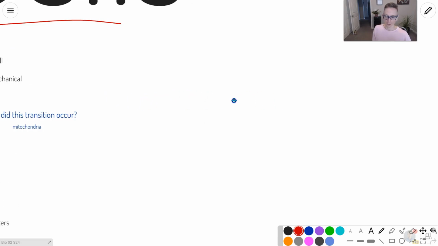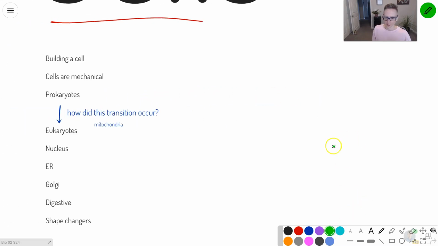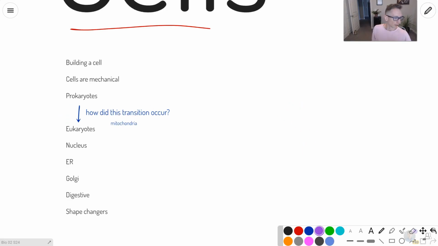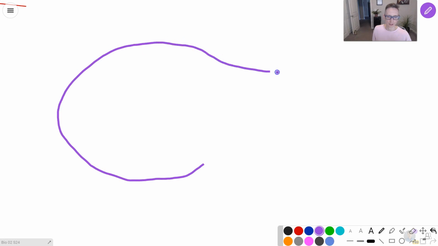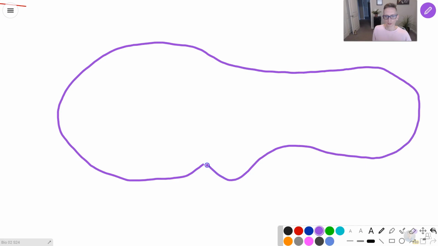So let's draw out a basic cell here. We'll make the plasma membrane this purply color. It's a good looking little cell, kind of looks like a potato. Well, this cell membrane is made out of lipids, a very special kind of lipid.